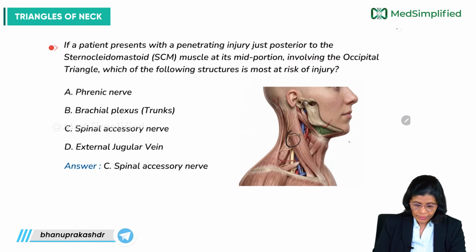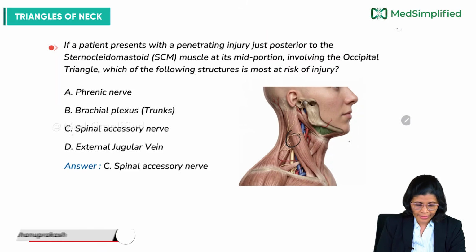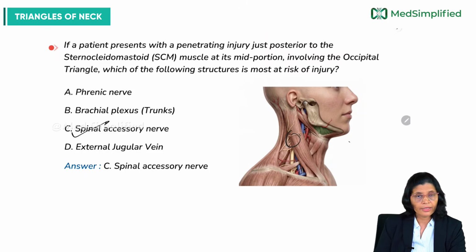Phrenic nerve, no. Brachial plexus trunks, we see in the subclavian triangle. Spinal accessory nerve, yes. External jugular vein is a superficial content, we see it in the roof, not posterior to the sternocleidomastoid. So the most likely answer is the spinal accessory nerve.